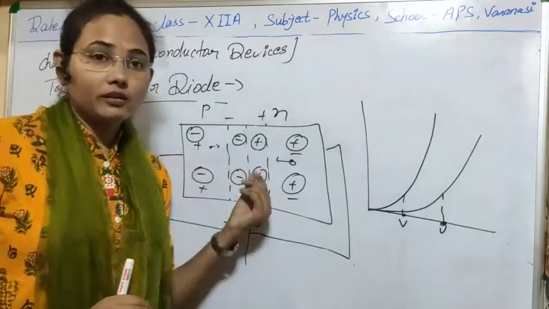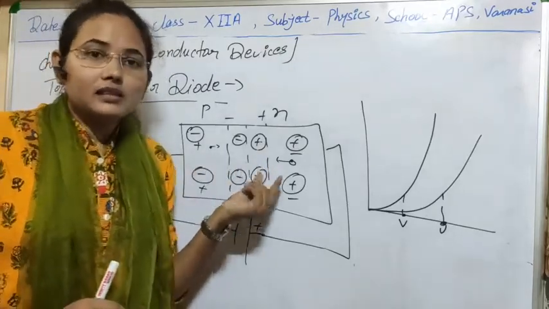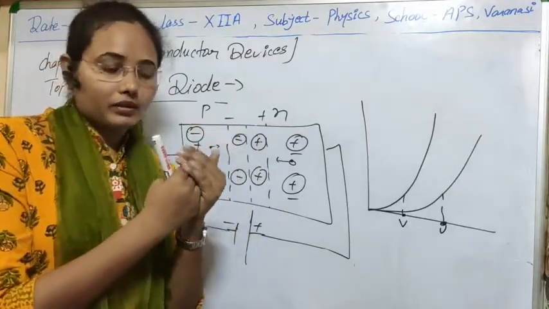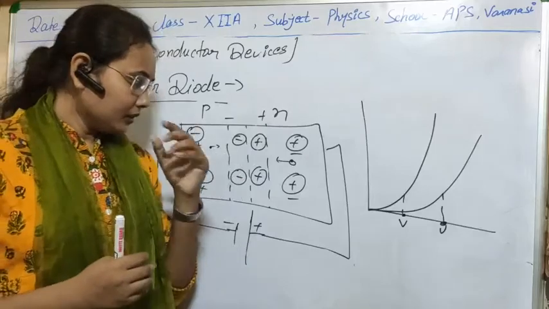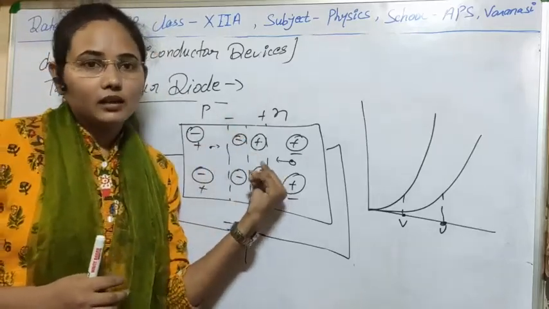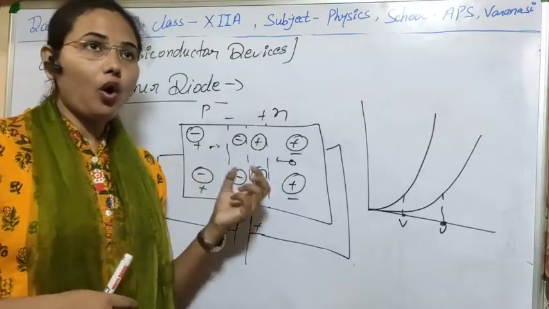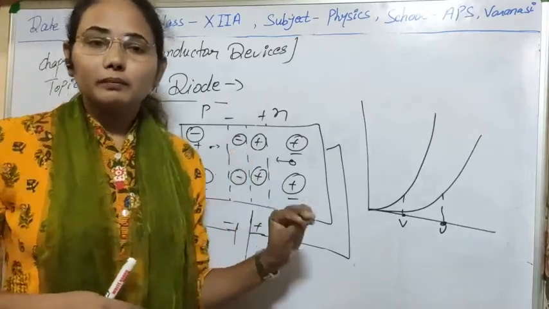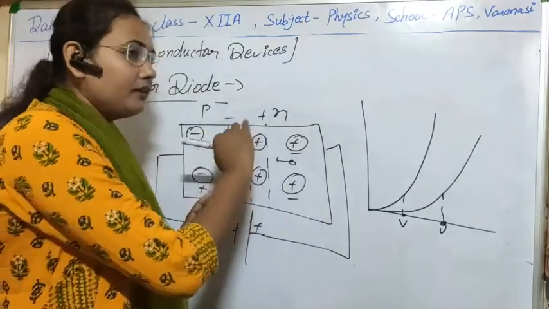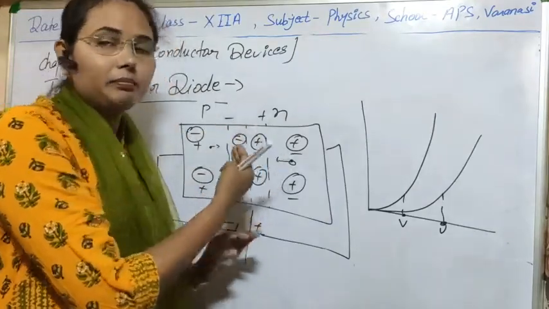But in case of Zener diode, as the depletion region width is very narrow, the particles are in a very compact manner, so in the narrow depletion region they are not able to collide, and all the bonds break down suddenly with the application of potential here.